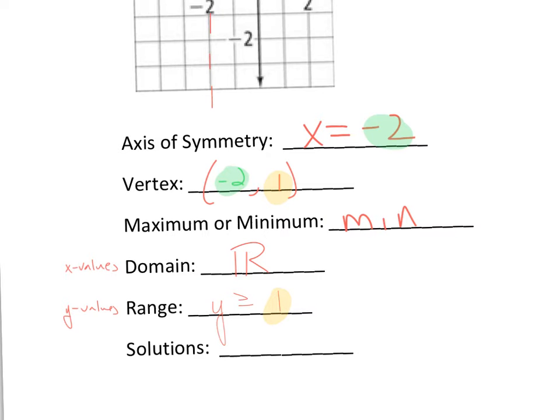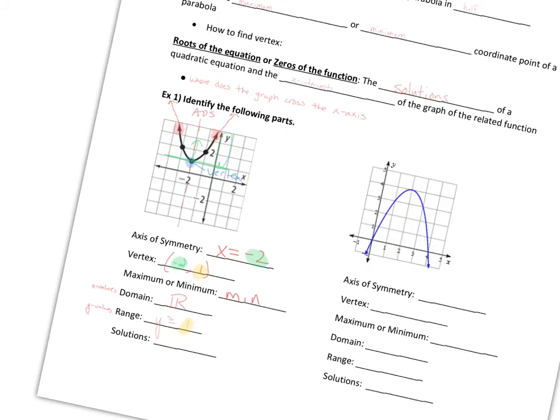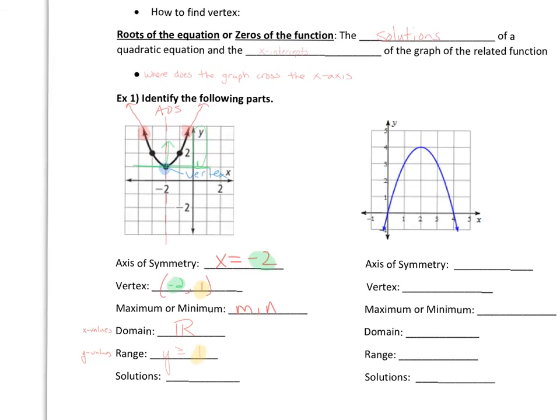All right, and the last thing we're going to look at is solutions. Now, like I said, zeros, roots, solutions are kind of all interchangeable. You could call it x-intercept. They're all kind of talking about the same thing here. And so what we're looking for on this particular piece is, where does it cross the x-axis? Well, my parabola in this case doesn't touch that x-axis anywhere. It never crosses the x-axis.